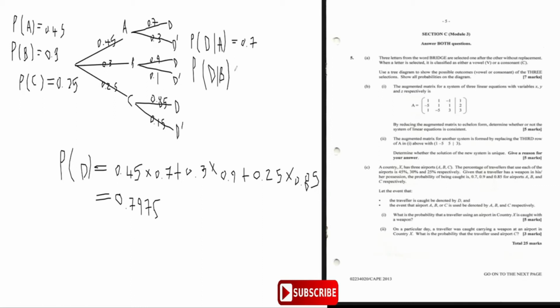The tree diagram is very good, but also if you know the formulas, it's very good. It's very good either way. And then the probability of you getting caught, given that you went to airport C, is equal to 0.85.